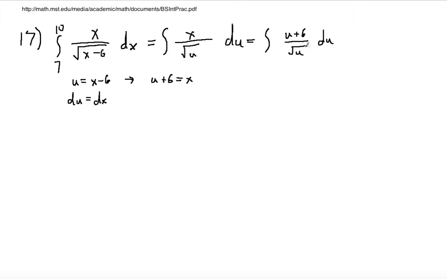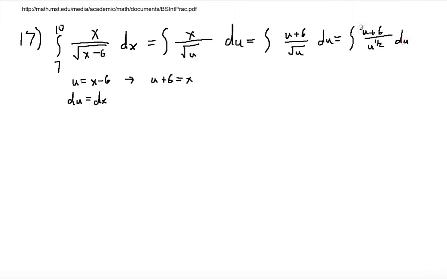You'll want to do some algebra on this before you take the integral. This isn't something you'll want to do the u substitution on again. You definitely can't take the integral as you see it. So use your power rules. You know that this down on the bottom is equal to u to the 1/2 power.